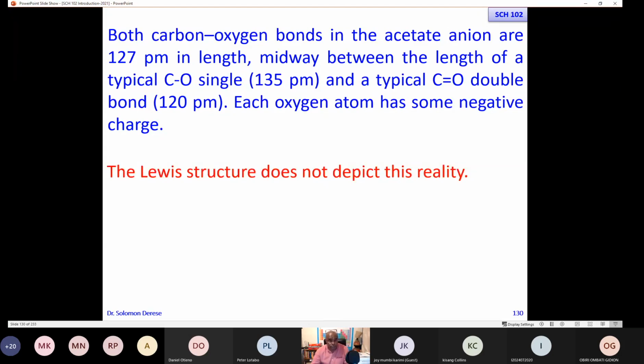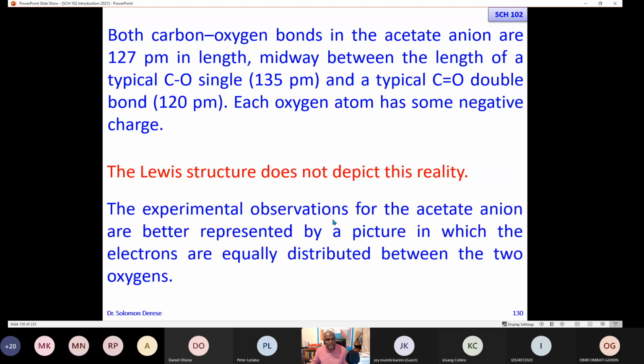So the Lewis structure we drew does not depict this reality. The reality is that the two carbon-oxygen bonds are identical with each other. The Lewis structure is telling us the two are different.